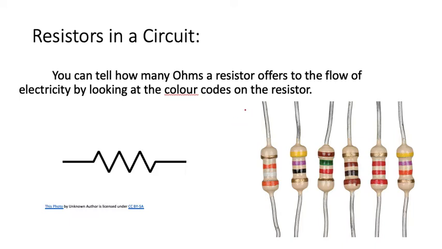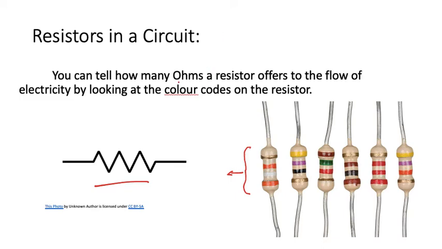Let's talk about resistors in a circuit. As I mentioned before, here's a symbol for a resistor. And resistors are simply used to slow down or oppose the flow of electricity, and that's done to protect components of a circuit, maybe the screen of your cell phone, from getting too much power and burning out or shorting.